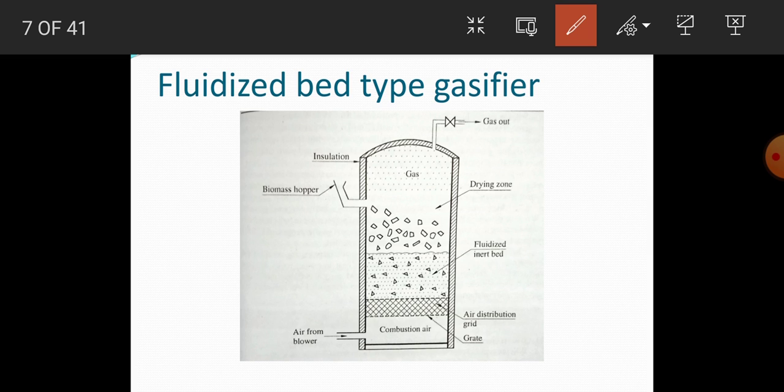The heart of a fluidized bed combustor is a hot bed of inert particles which are held in suspension, fluidized by an upward current of air.